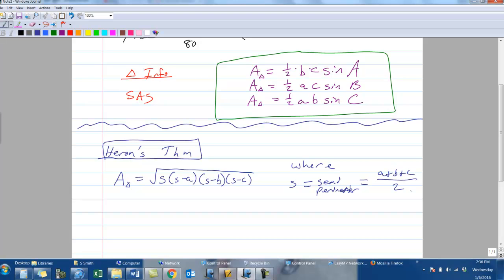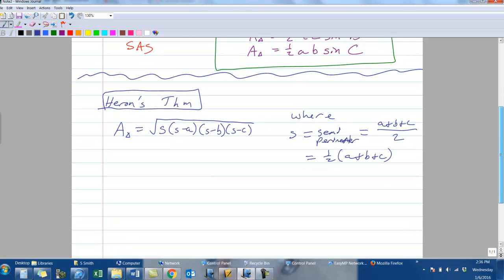You find the perimeter and you divide by 2. Another way to say that is 1/2 times the perimeter, a plus b plus c. Now, this happens when we know what A, B, and C are, when we have SSS triangles.